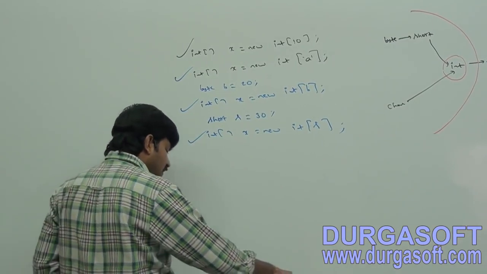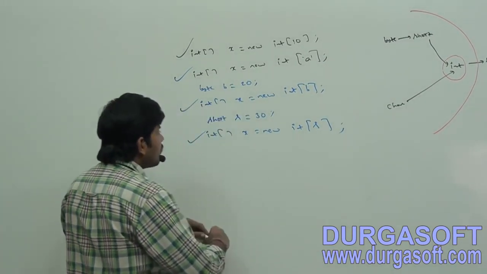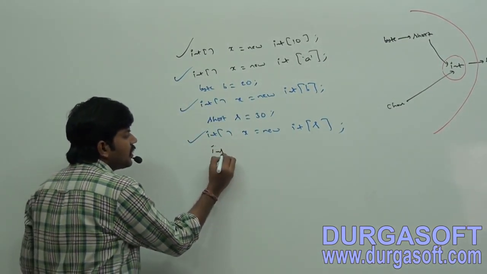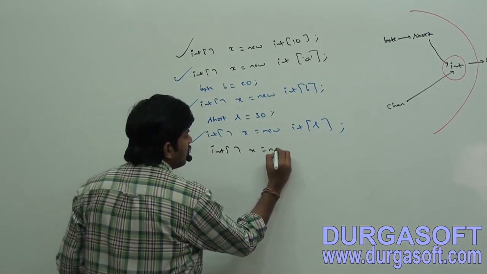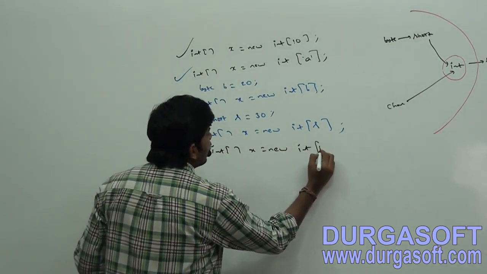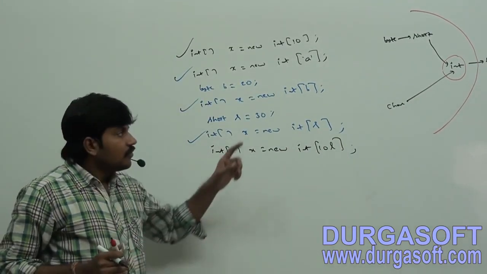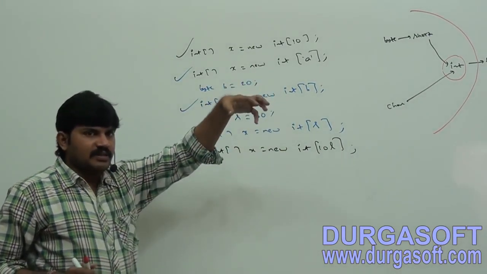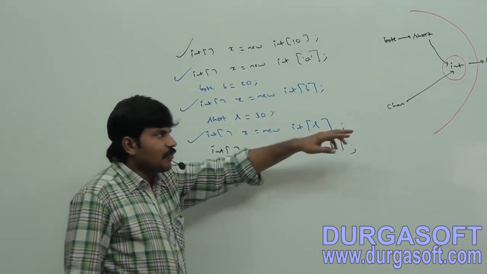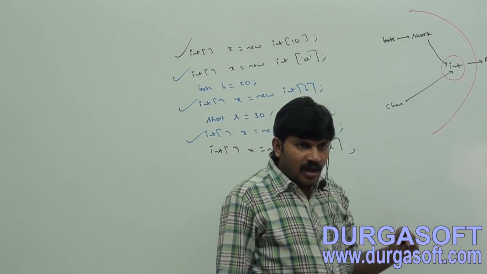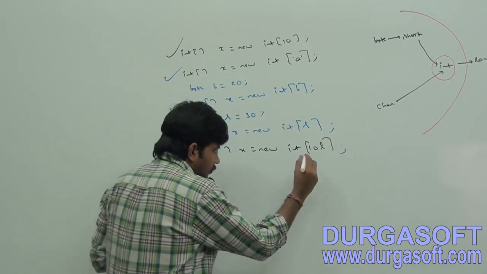Sir, just observe, I'm taking int[] x = new int[10L]. Sir, long type I am providing. Actually, the array size expected is always int, but in the place of int, is it possible to provide long? Not possible.